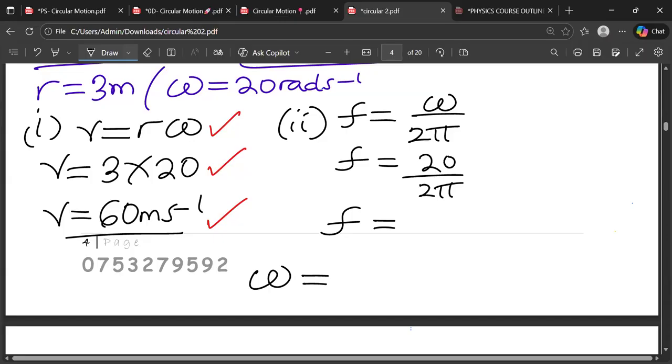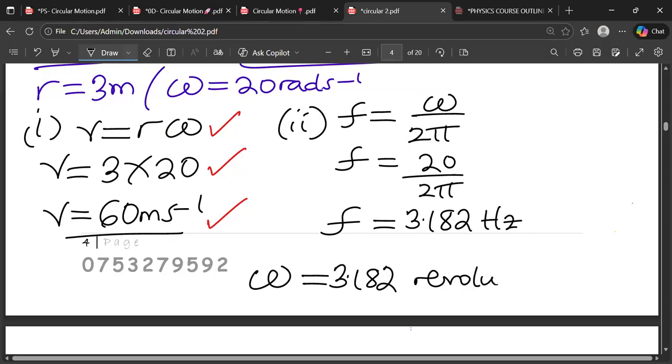I told you that you may want 4 dps. Okay, today let me use 3. Then you conclude and tell them that what you gave are revolutions per second.